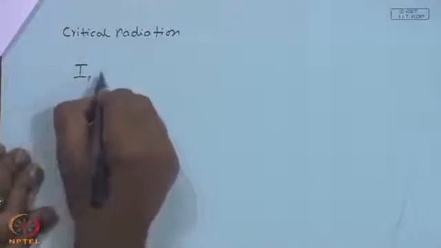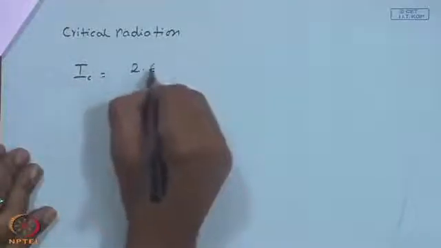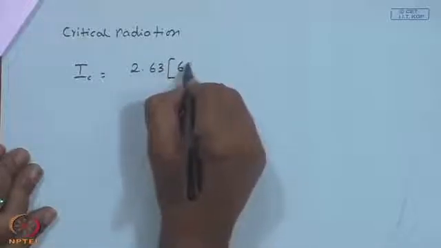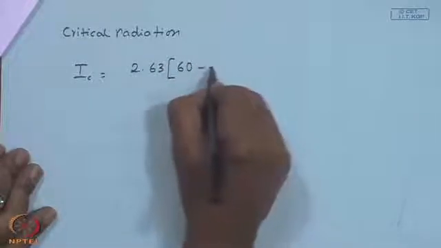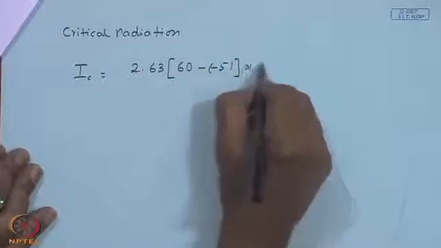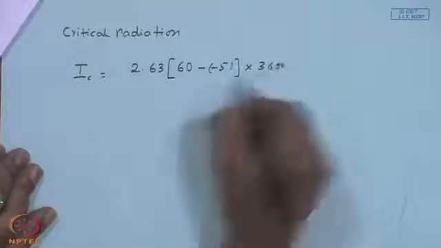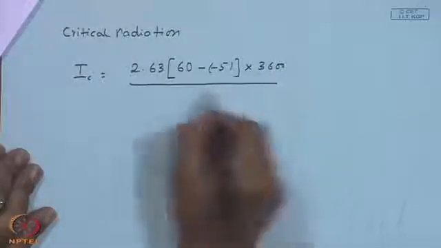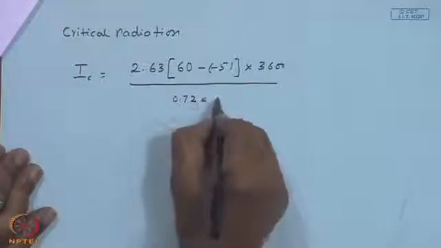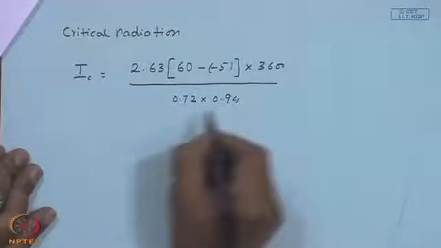I C equals FRUL times T min minus T A times time is important, that is what I was telling. You have to put that factor by 0.72 into 0.94.